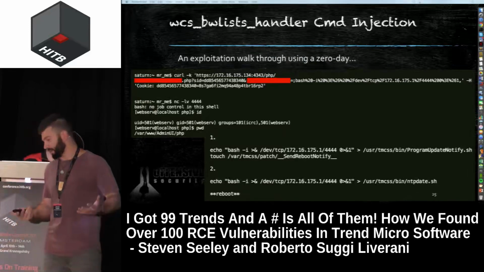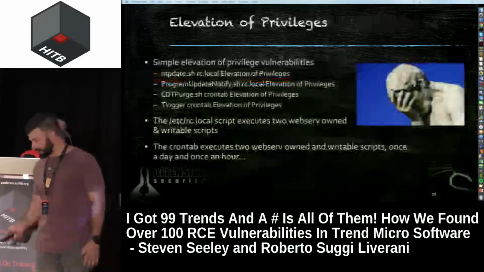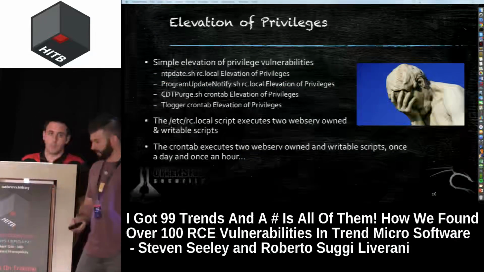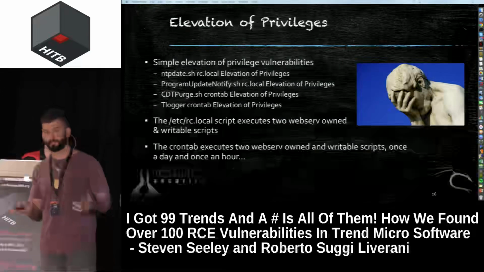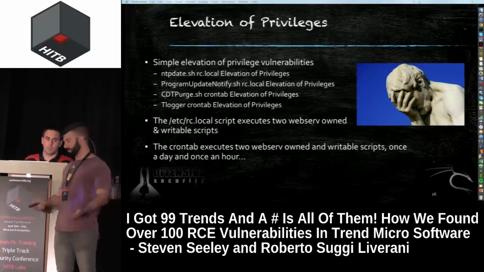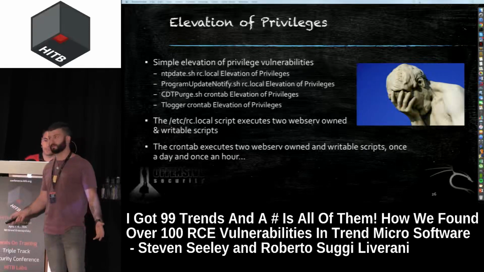And yeah, it pops a simple shell, and then there's a couple of privilege escalation vulnerabilities that were simple ones. In the rc.local file, there were a couple of web server user writable files that we can just write commands in and wait for the box to reboot, and then execute commands as root.